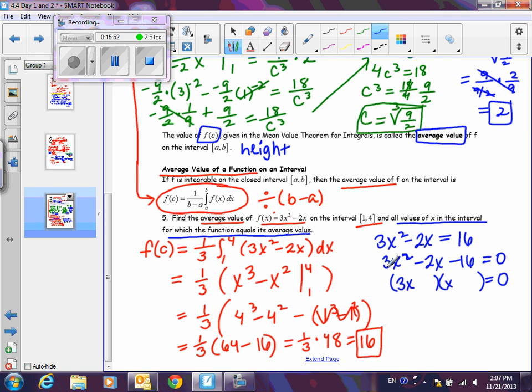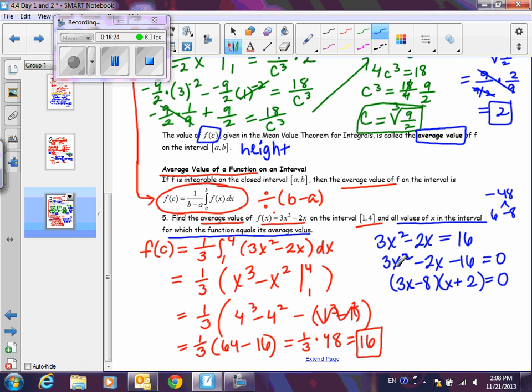If not, you do 3 times negative 16, that's negative 48, and you're trying to find the pair that adds to negative 2, so that would be 6 and negative 8. So my outside and inside have to be 6x and negative 8x. Do the grouping. I have a video out there about that if you need it. But this tells me I'm going to have 2 here and 8 here, and I want the 8 to be negative.